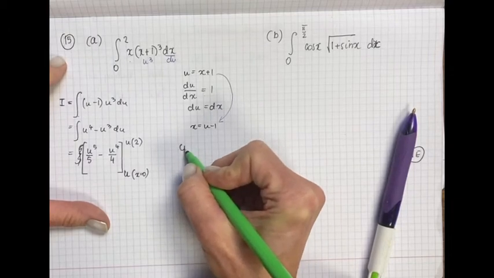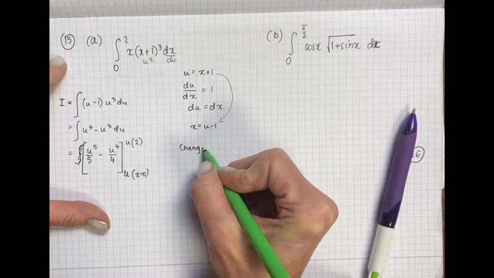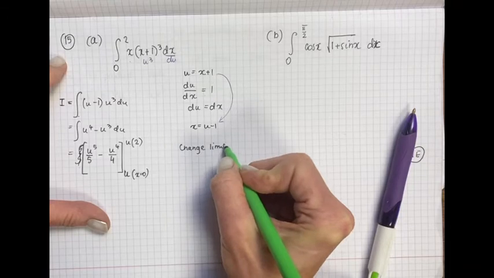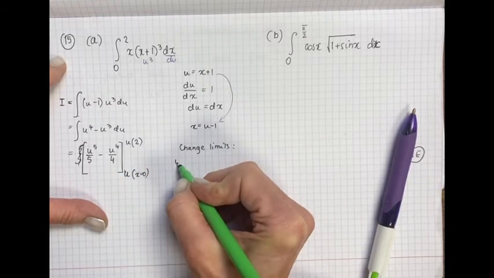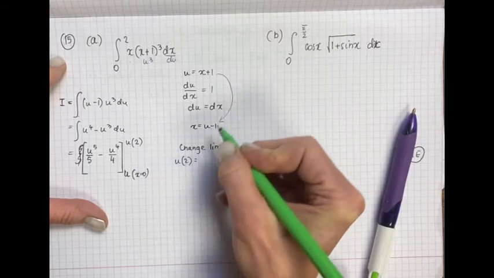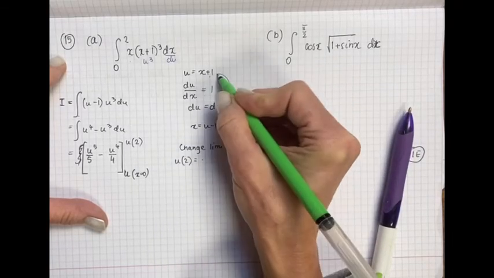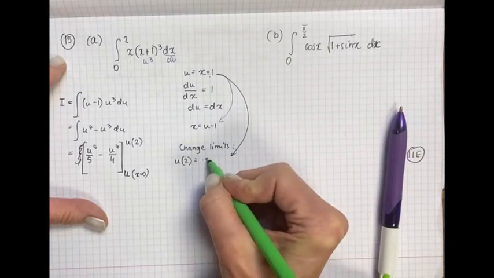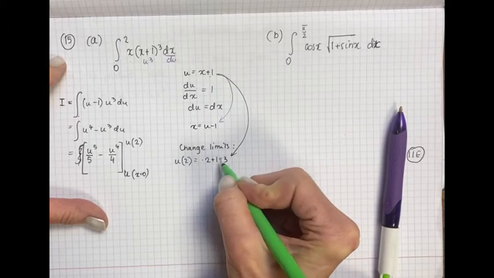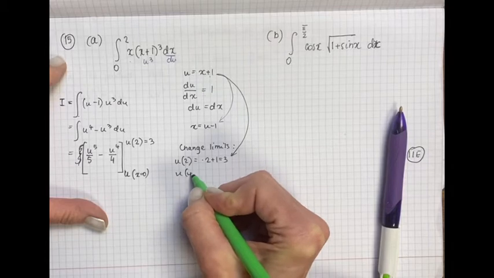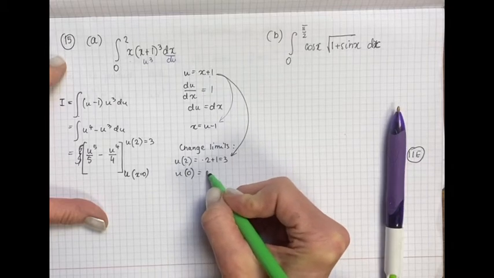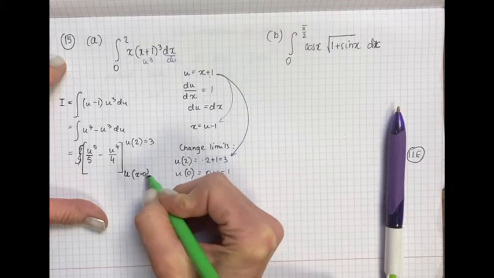So changing limits will give us: u of 2 is, we substitute into this, 2 plus 1, which is 3. So that will become 3. And u of 0 is going to be 0 plus 1, which is 1.